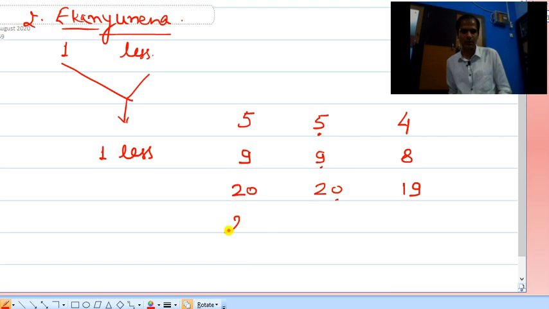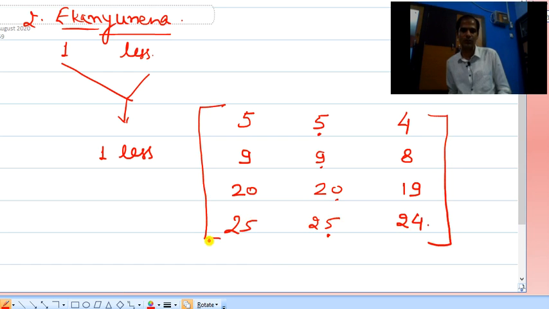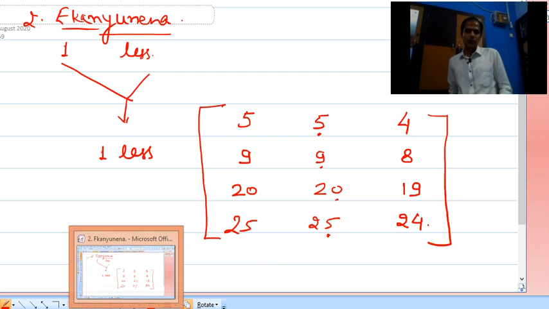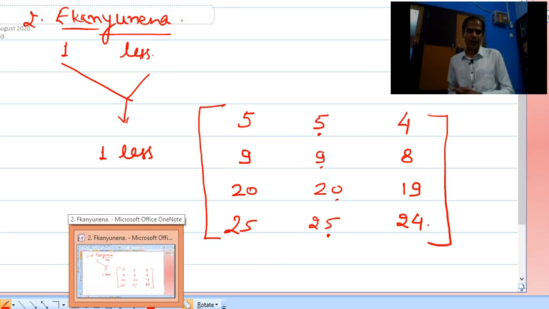Next number is 25, so eka nyunena will be written as 2 and a dot below 5, and 25 minus 1 is 24. So these are all the eka nyunena of these numbers. I hope you understood the meaning of ekadhiken and eka nyunena.